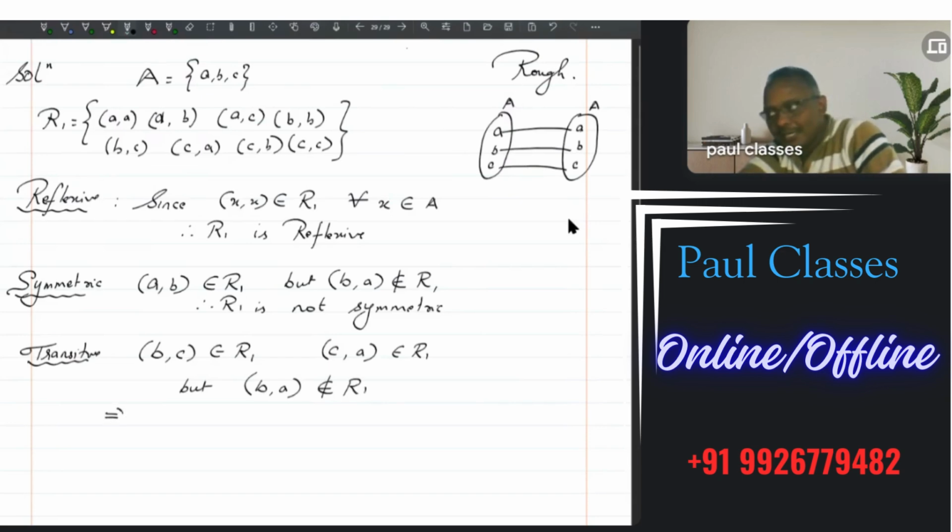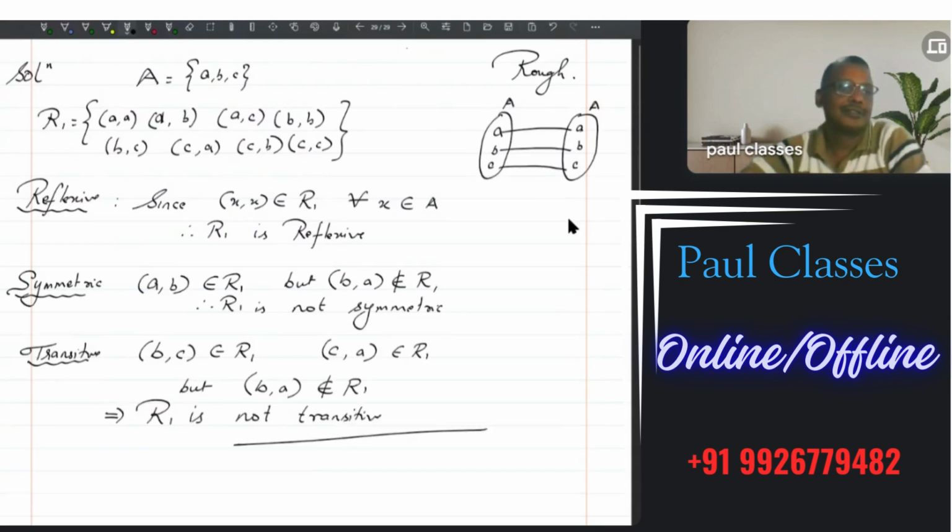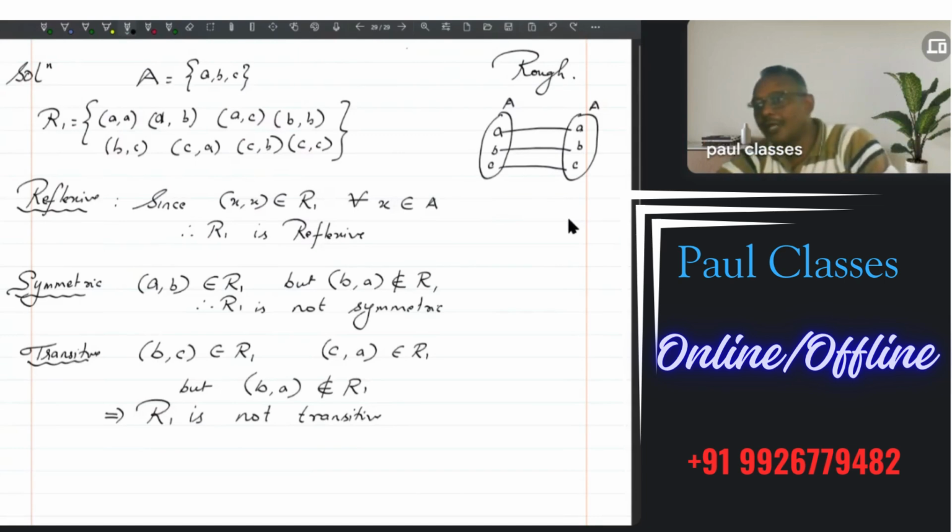So what does that imply? R1 is not transitive. बस खत्म. ऐसे लिखना. समझ में आया? Anything to ask?